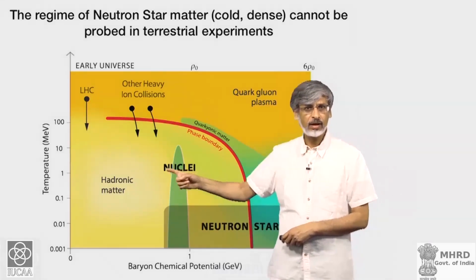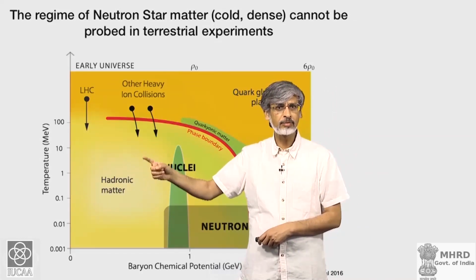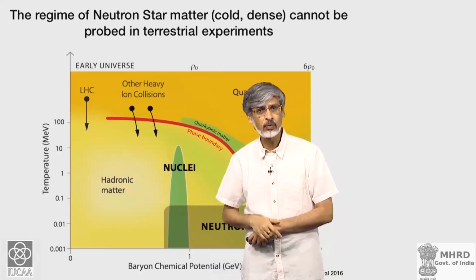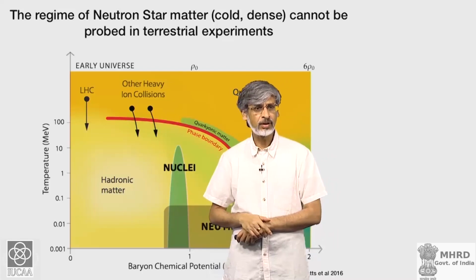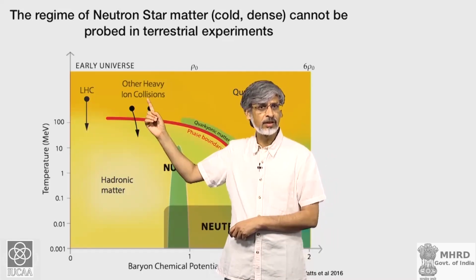Then at lower chemical potentials and higher temperatures, we have experiments which one can do based on colliders, accelerators like heavy ion colliders and so on.